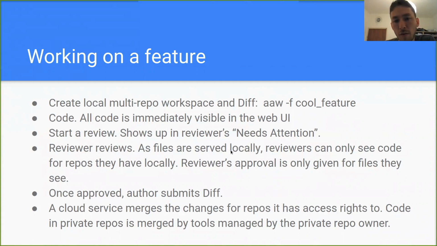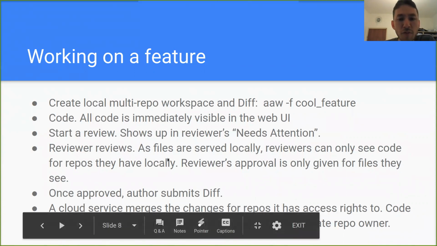Their files are also served locally, so they need the same repo on their machine. That's why it's privacy preserving, because if one of the repos here was actually private, then the reviewer won't see them. And so they give approval only for the files they saw.